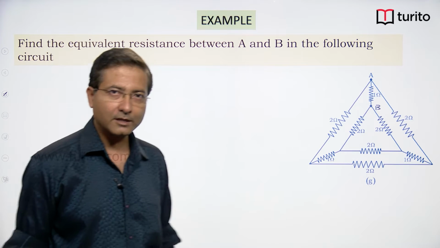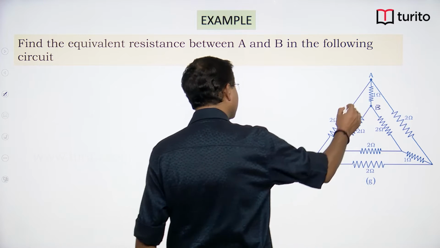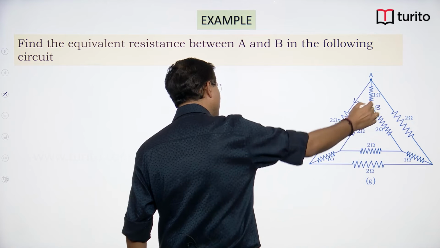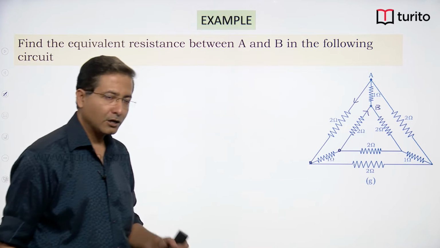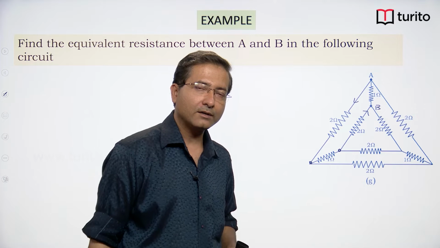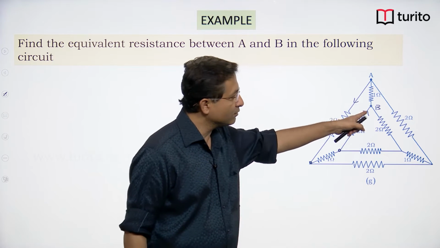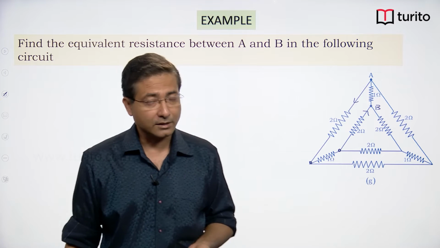You can solve this problem by input output symmetry, but the problem is that what current goes here will be delivered by this one, and as you go from this one to this one, there are two junctions involved. If there is only one junction involved, we can comfortably say that current won't get divided, because this current has to be equal to this current. But if two junctions are there, it is difficult to say.